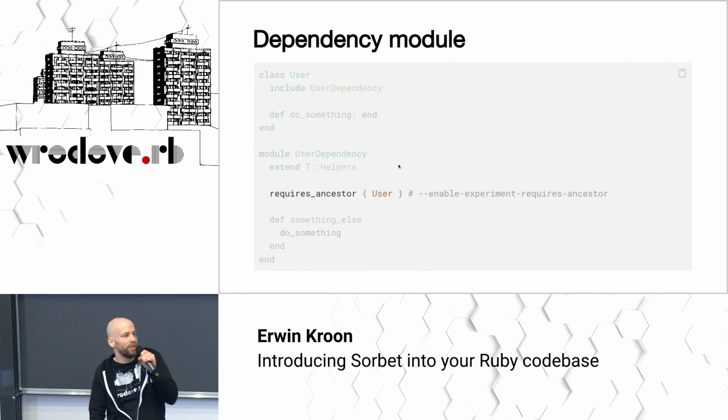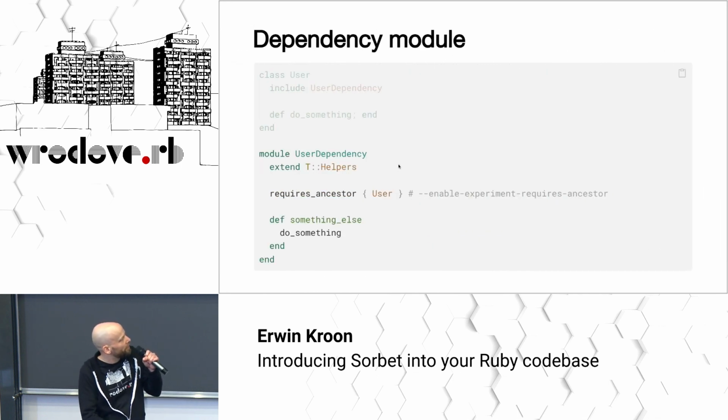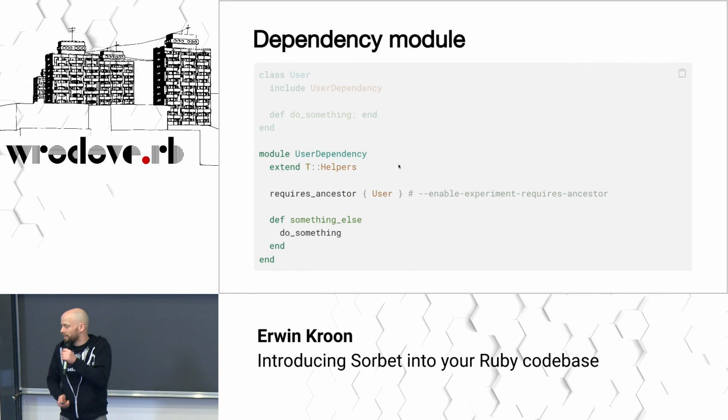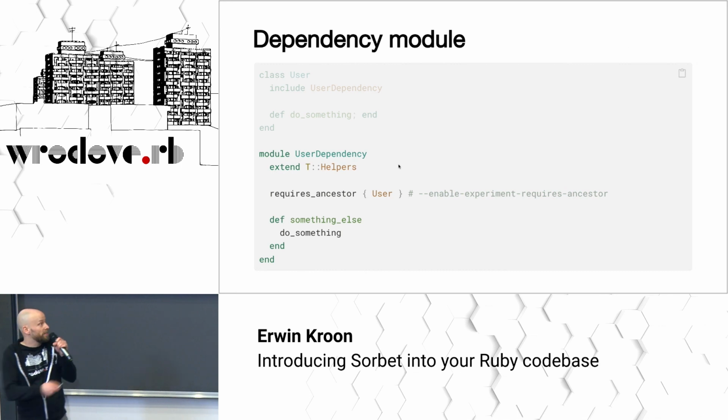So this module needs a user, and then we just can do something that is defined in the user dependency. That makes it way easier, and otherwise you already have to start casting or typing in RBI files. I don't know, actually, you need this. Otherwise Sorbet is, yeah, not usable, I would say.